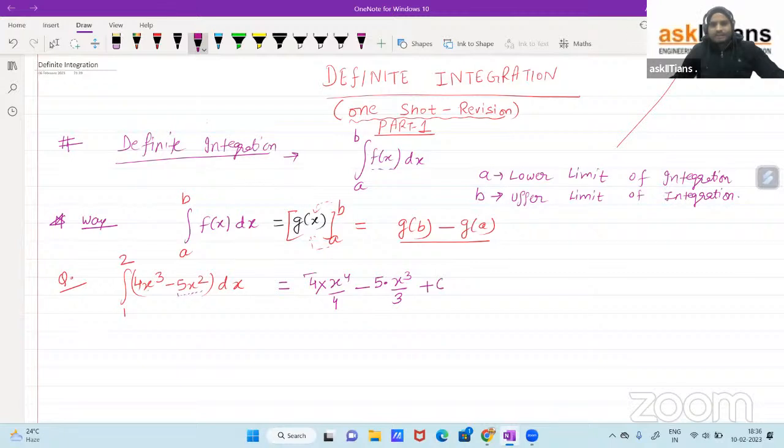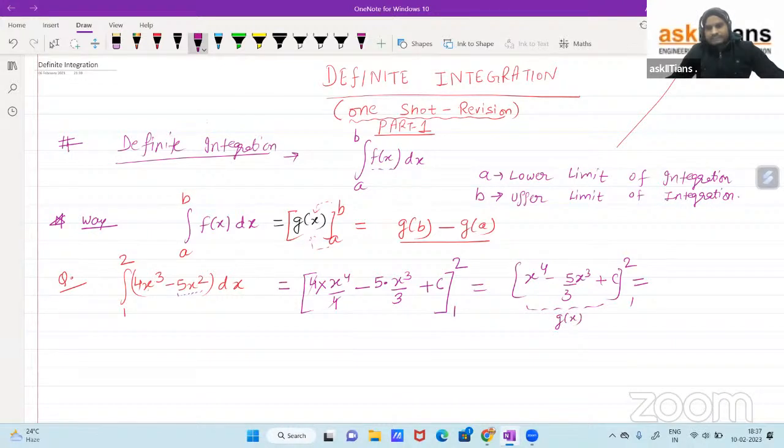For indefinite integration. Now limits on this are 1 to 2. So 4 and 4 cancelled. So you will be getting x power 4 minus 5 by 3 x cube plus c, and limits are from 1 to 2. So now what you have to do? This is your g of x basically, right?